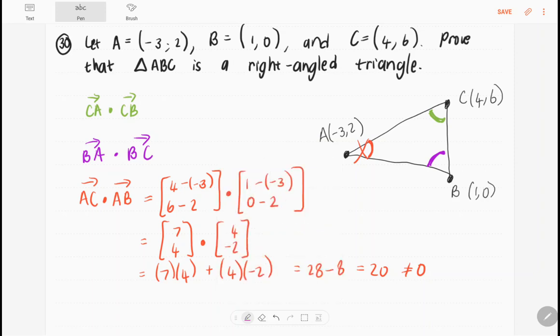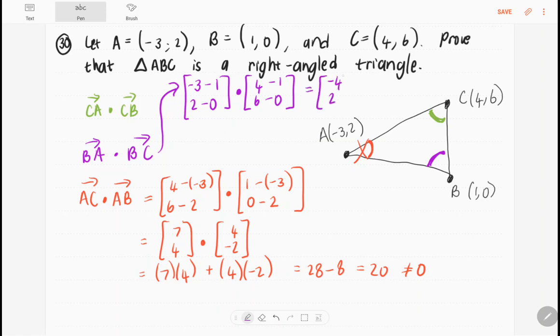Next, if we look at BA dot BC, we are going to have the coordinates of A minus the coordinates of B, so it's minus 3 minus 1, 2 minus 0, dot BC, which is the coordinates of C minus the coordinates of B. So that gives us minus 4, 2, dot 3, 6, which gives us minus 4 times 3 plus 2 times 6, which is indeed 0.